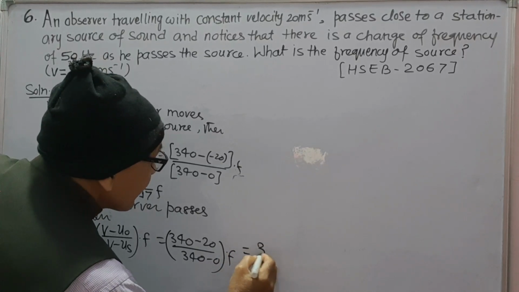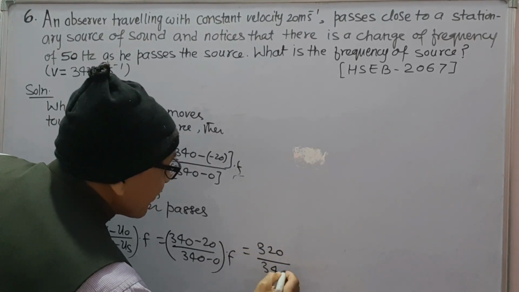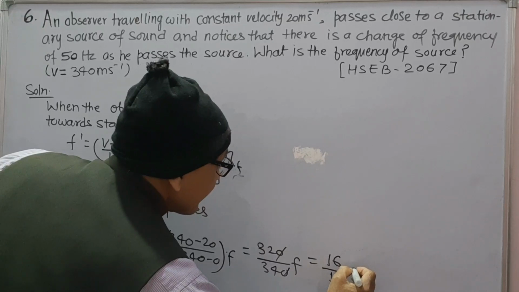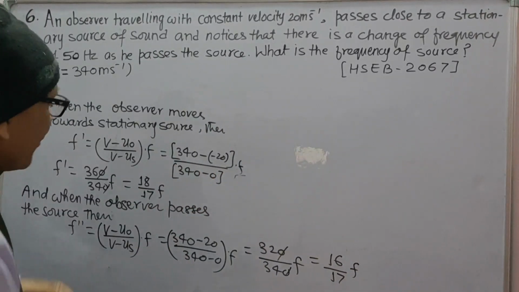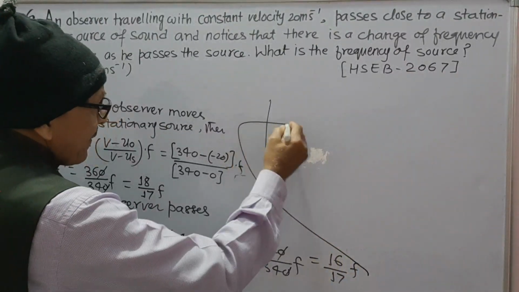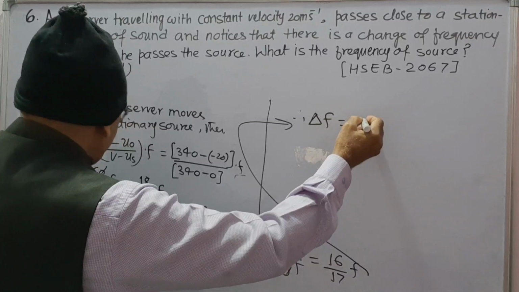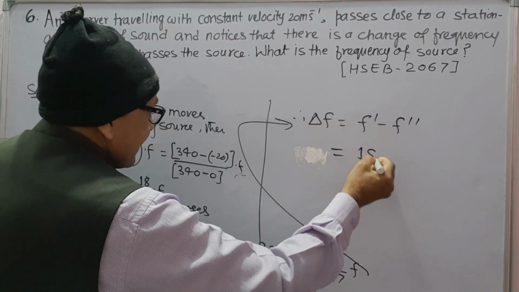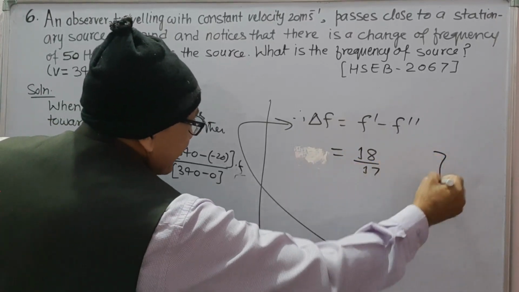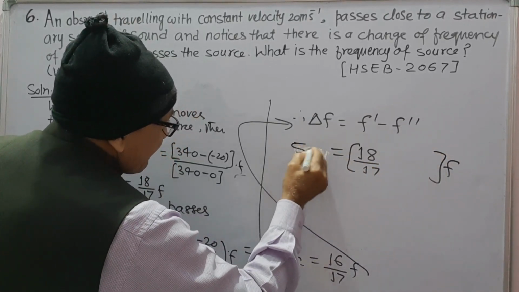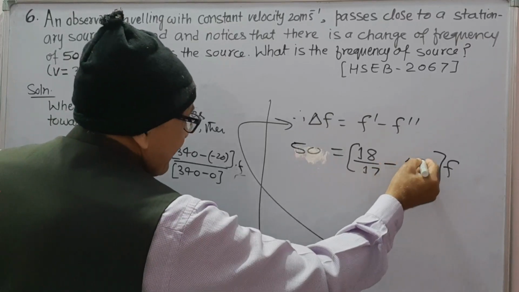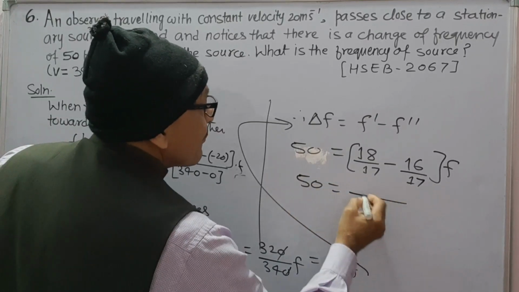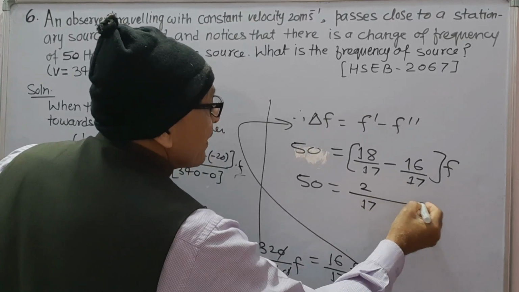This is 320 upon 340 f, 16 upon 17 f. Therefore, change in frequency, delta f, will be equal to f dash minus f double dash. f dash is 18 upon 17, f is common, delta f is 50, 18 upon 17 minus 16 upon 17, this gives 50 is equal to 2 upon 17 f.